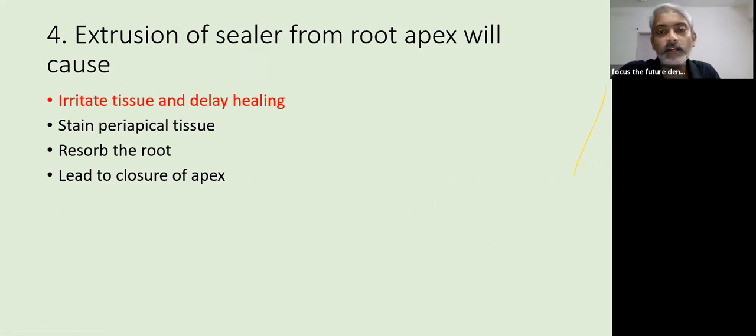A root canal sealer, even if it goes beyond the apex, should not irritate tissue and delay healing. But extrusion of sealer is not indicated because of this particular thing. Because when you extrude the sealer, it can always irritate the tissue, however good the sealer is. Got it?